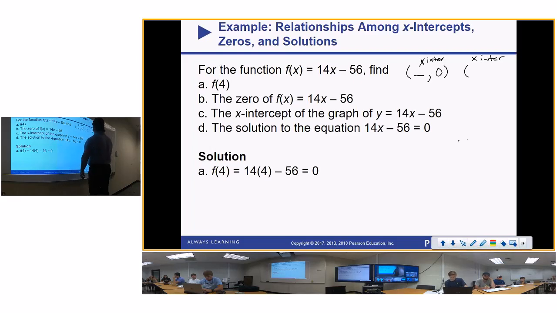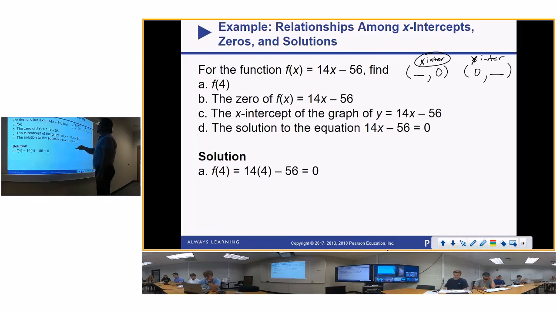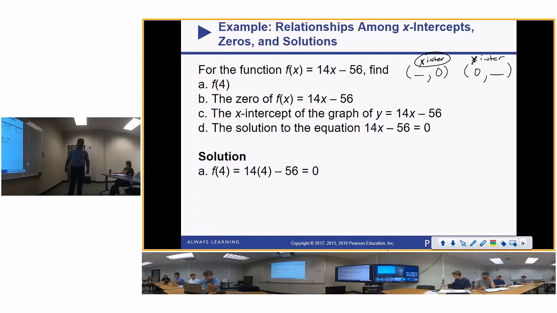X-intercept, plug in 0 for y. Y-intercept, plug in 0 for x. Okay? So if you want to find the x-intercept, does it say anything about y-intercept? No. All you care about is this guy right here, the x-intercept. Because that's what you're going to be looking for later on in calculus, in the latter part of this class.